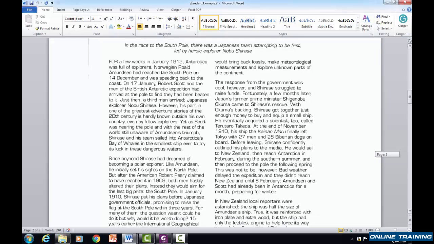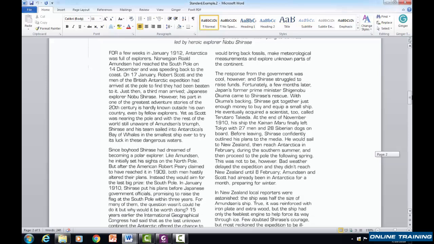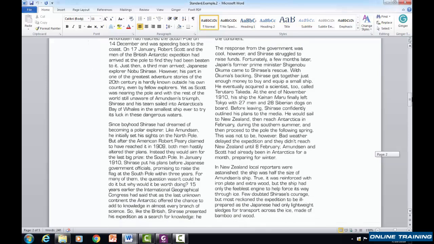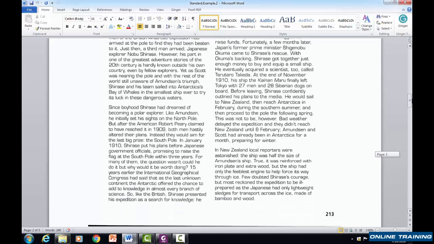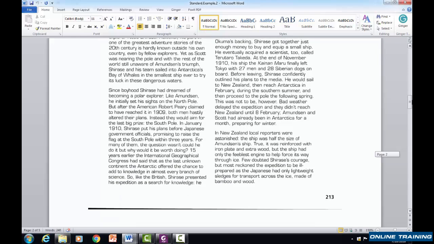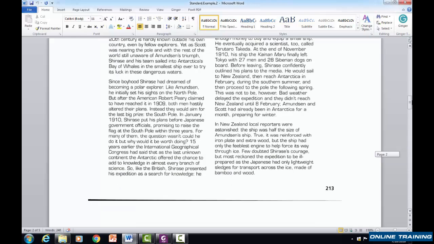And I'm looking for the word reporters or a word similar to the word reporters. It probably would have been smarter to start with number 10 because they had Kainan Maru, but here's reporters right here. I see it right here. Reporters.